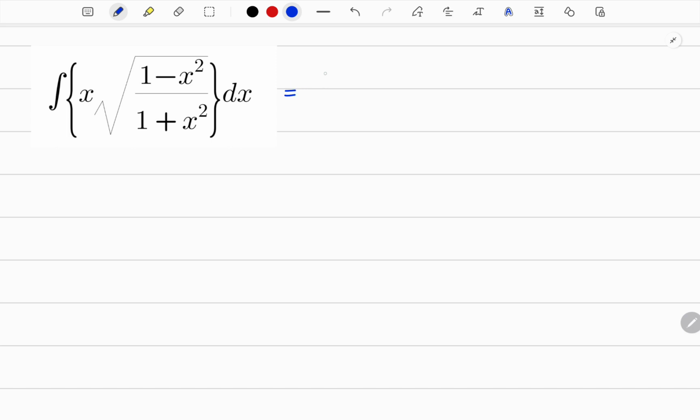So what we are going to do is x as it is, one minus x square upon 1 plus x square as it is.